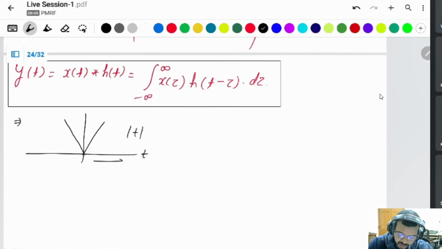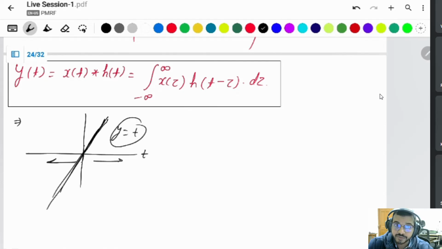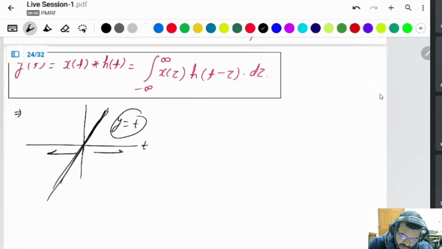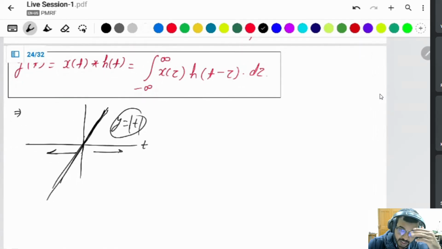If t is negative in mod t, the signal is also positive only, not negative. If there is t only, it is a straight line passing through the origin, y equal to t. But if you take the modulus, the signal is flipped upward, and this is mod t.